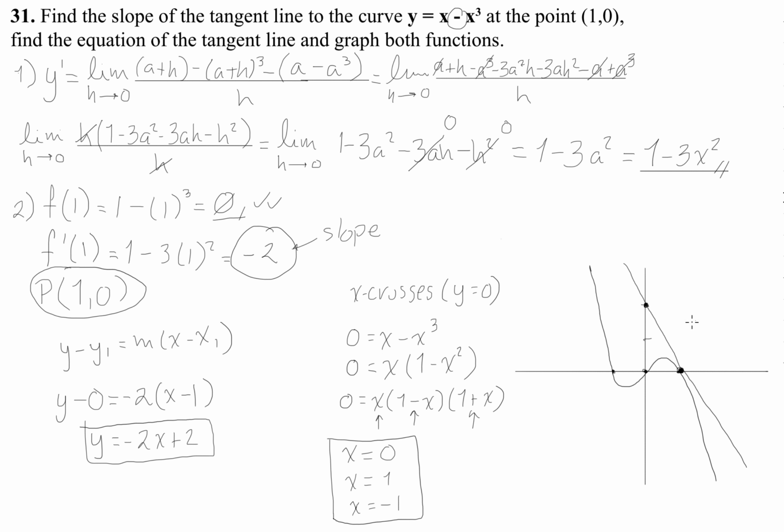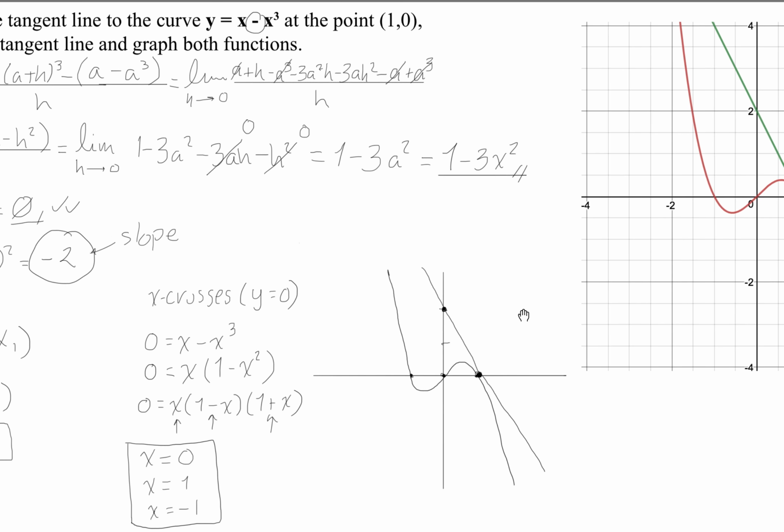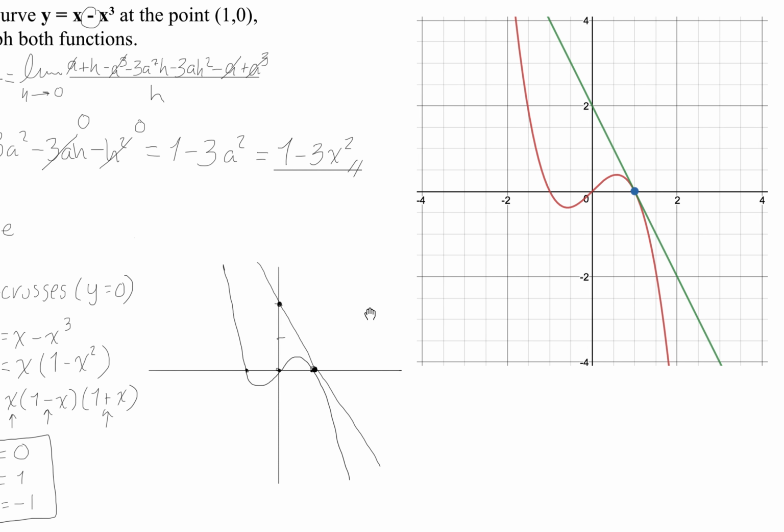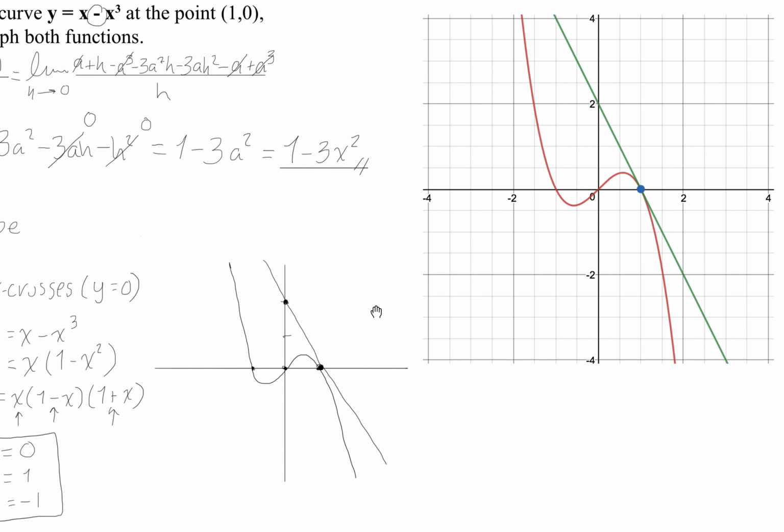So now I'm going to show you the real graph so we can compare a sketch and the real graph. If I show you the real graph, you can see that it is pretty close.